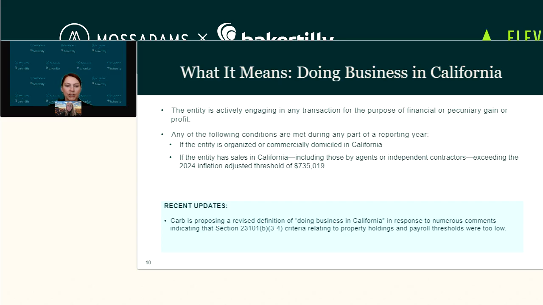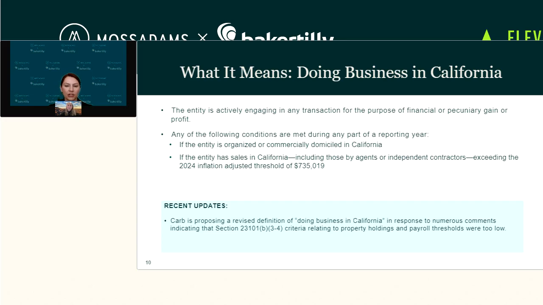were too low. So with this recent guidance, CARB is noting an entity is doing business in California for purposes of the reporting regulation if the entity is actively engaging in any transaction for the purpose of financial gain or profit, and any of the following conditions are met during any part of the taxable year: the entity is organized or commercially located in the state, or the entity has sales in California, including those by agents or independent contractors, exceeding that 2024 adjusted threshold of around 700K.